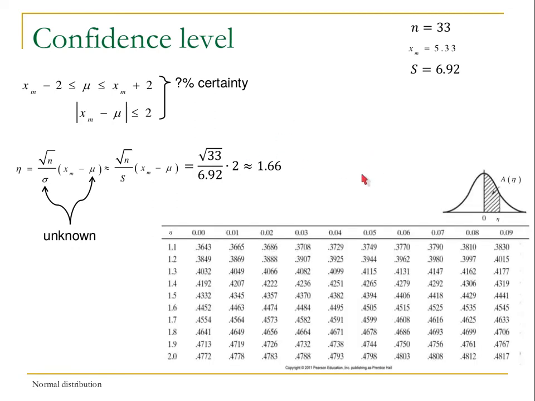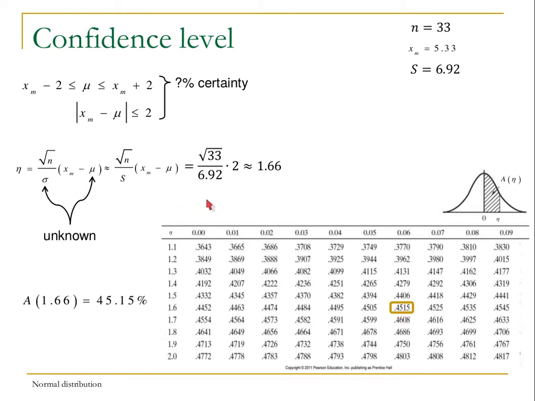Now we turn to our integral table, and we know the value for eta from this equation, and we want to find out the probability that eta is going to be within that range. So if eta is 1.66, then the area under that curve, or the probability that eta is between 0 and 1.66, is 0.4515.